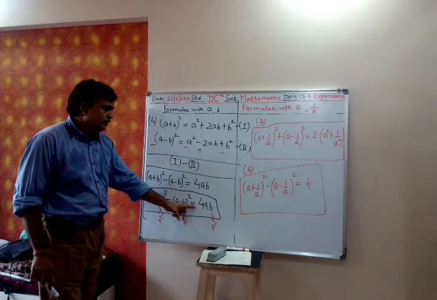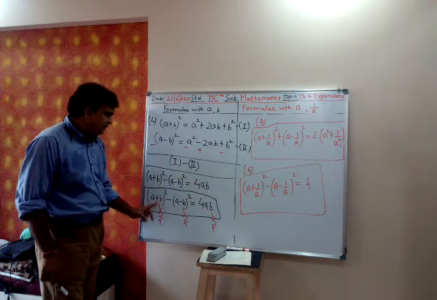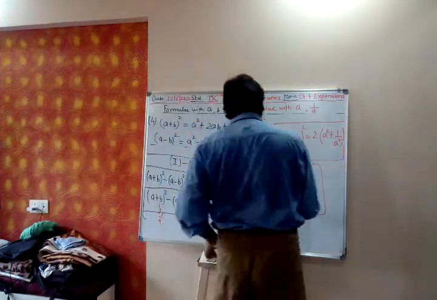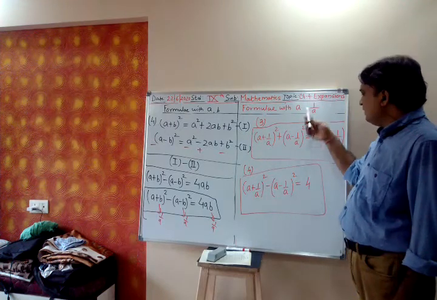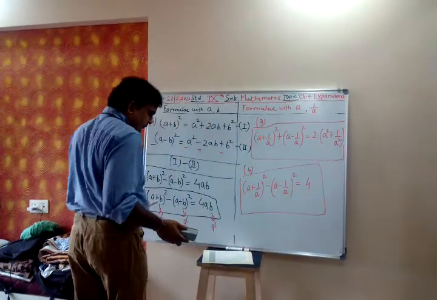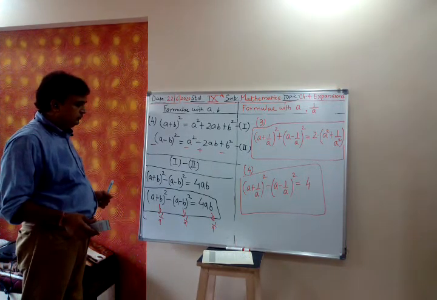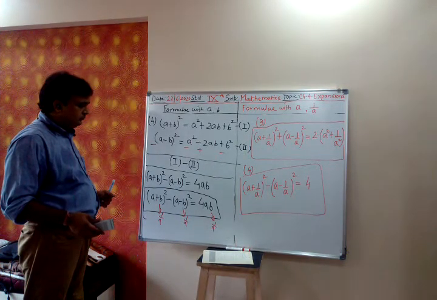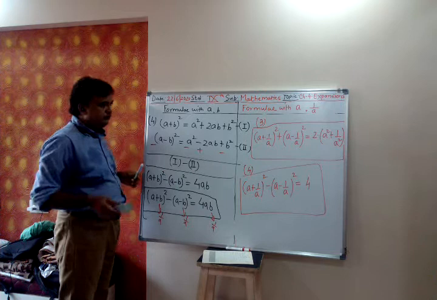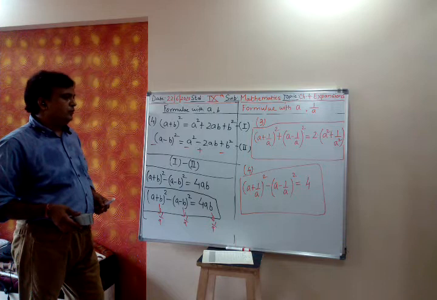This is the formula. Now to write the same formula in terms of variables a and 1 upon a, I will replace b by 1 by a. You get this fourth formula for the variables a comma 1 upon a. Okay. Finish fourth one? Yes, fourth one is over.